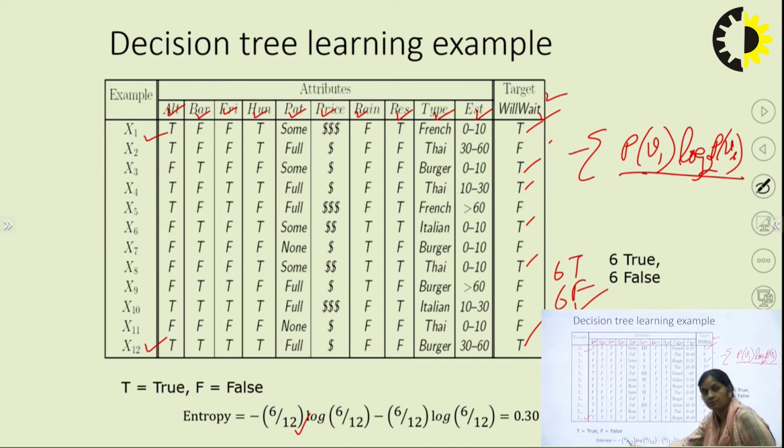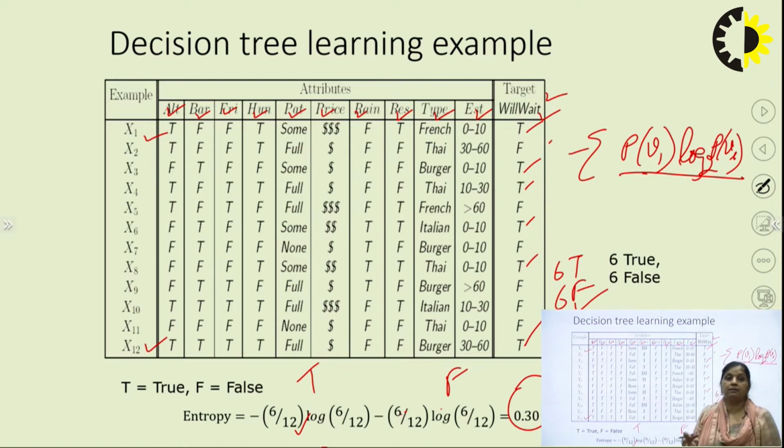As 6 is true, 6 is false. This is the calculation for true values, and this is the calculation for false values. How many are false? 6. So 6 by 12 is the probability, times log of the probability of false values. So the total entropy of this particular data set is 0.30. So this is our example.